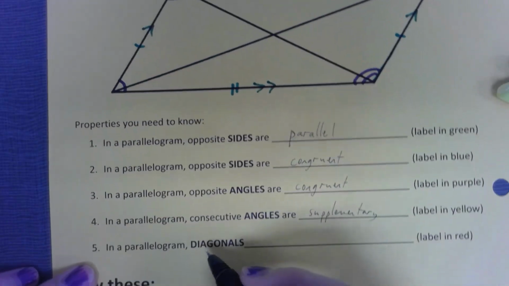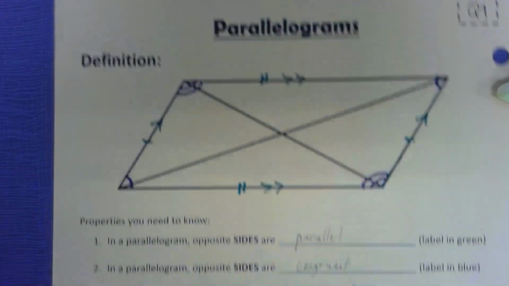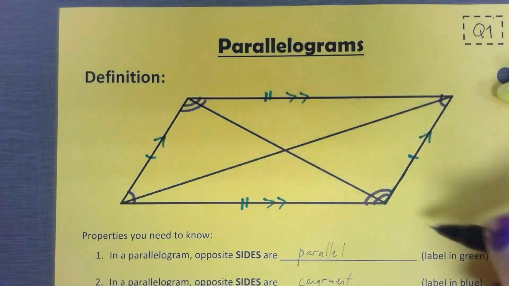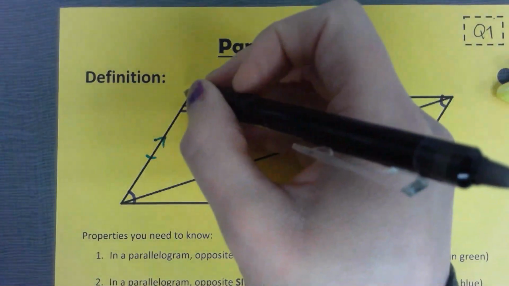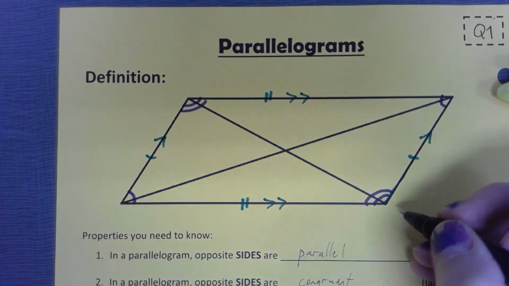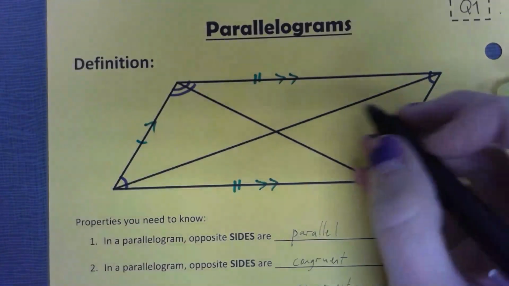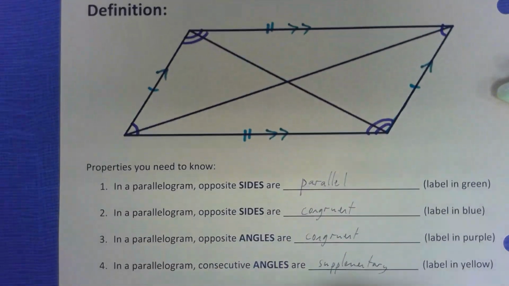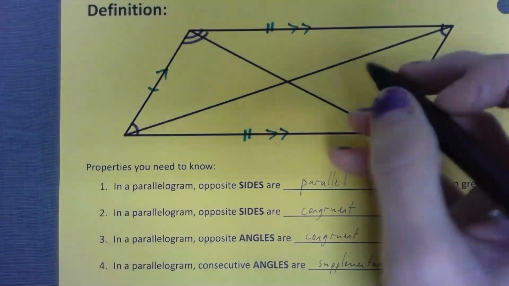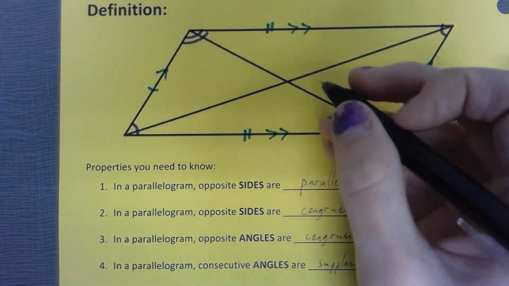And then one last thing about parallelograms, the diagonals, the segments that cut across the shape from one vertex to the opposite one. The diagonals, they're not congruent to each other, but they do bisect each other.